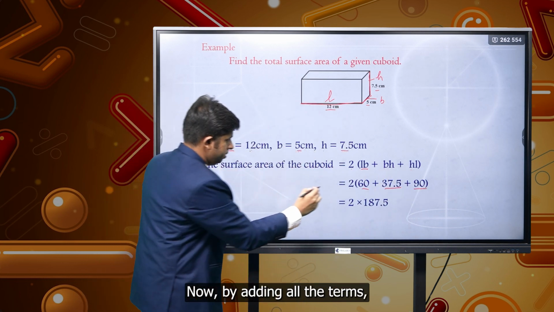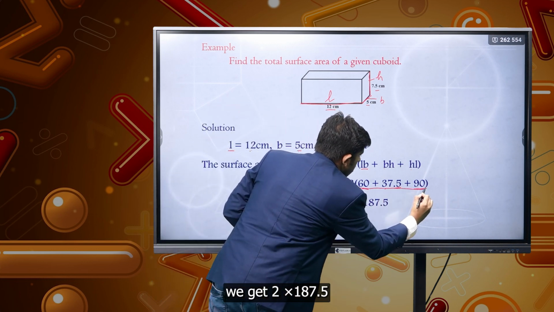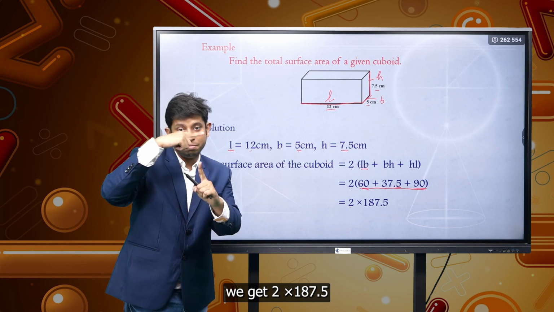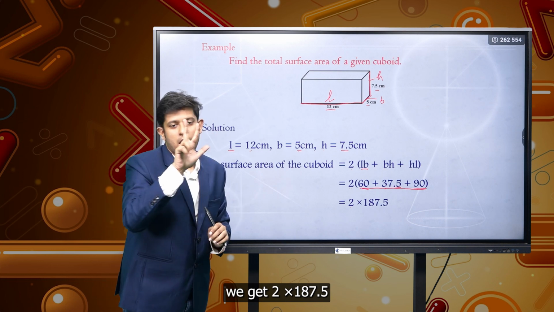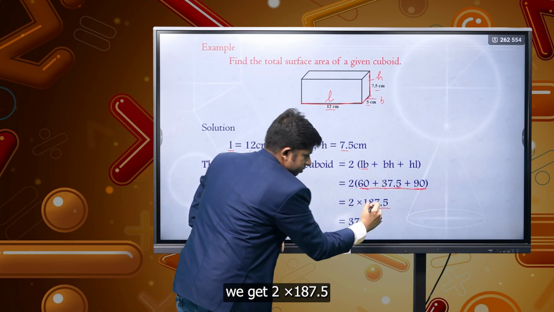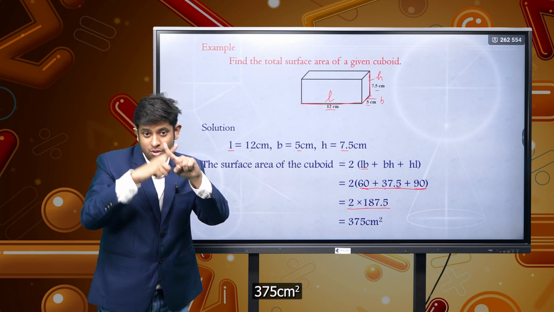Now, by adding all the terms, we get 2 into 187.5. By multiplying, we get 375 cm square.